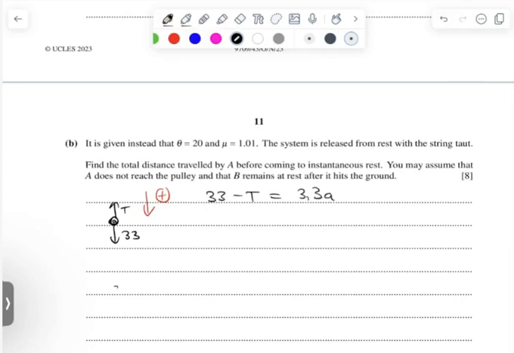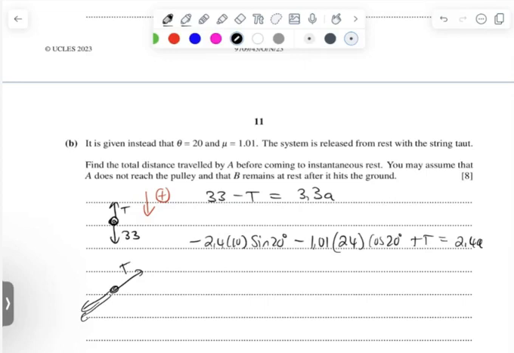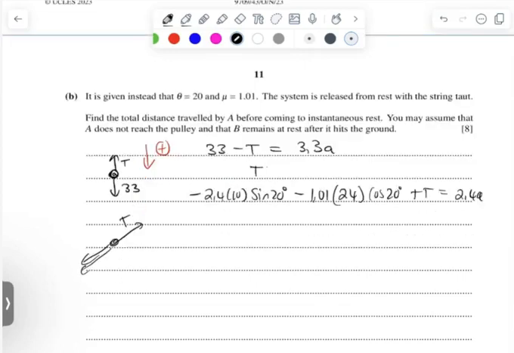Okay, and then for my A, we have got minus 2.4 times 10 times sine 20, so my mass component, minus my friction, mu times my R, so that's 24 cos 20, plus tension gives me that. Okay, so in this case, I'm just going to make T the subject of my formula. So it's 33 minus 3.3a.